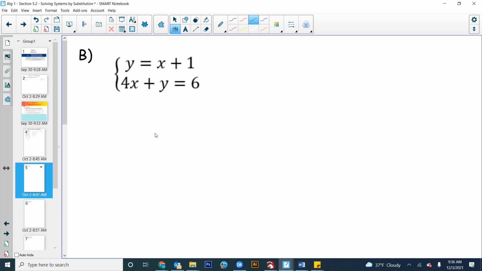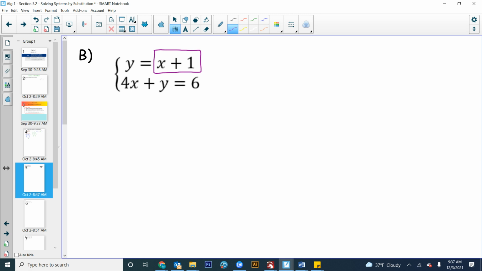All right. I'll do one more example and turn it over to Mr. Westfall. Guys, it's going to get harder quick, so pay attention. Do you see which one is already solved for a y or an x? Okay, I'm going to start with this. I want to box in what I want to shift to my other equation.